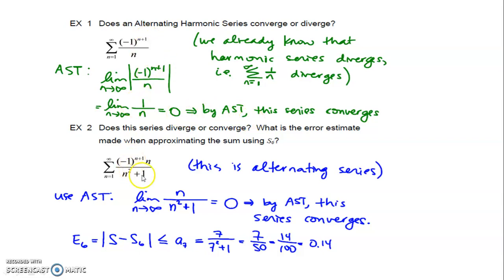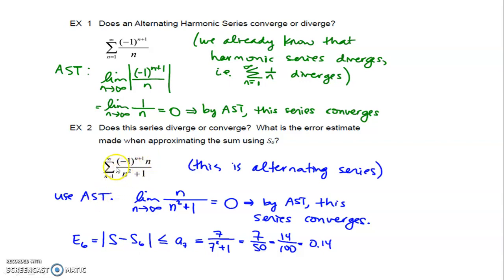And another one: does the following series diverge or converge? What is the error estimate made when approximating the sum using S6? Since it contains (-1)^(n+1), this is an alternating series.